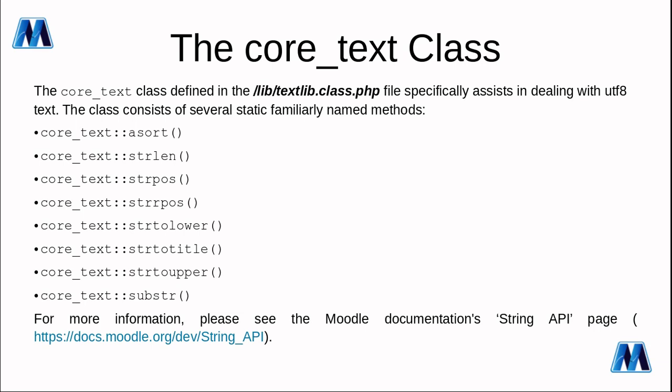So you've got things like sort, string length, string position, to lower, to upper, and substring. For more information, you can look at the class itself, or follow the link in this presentation on this page.